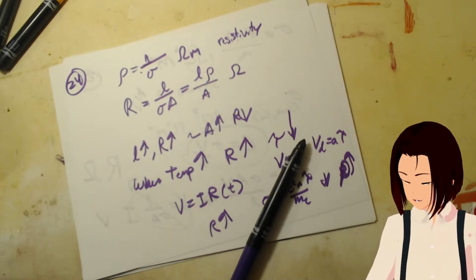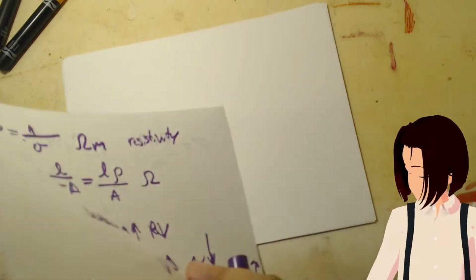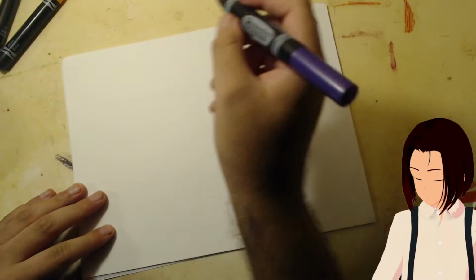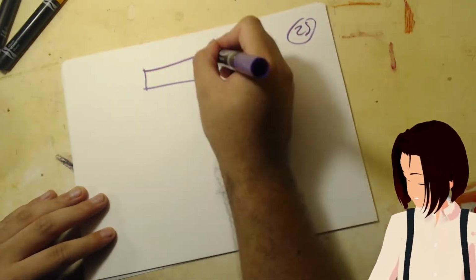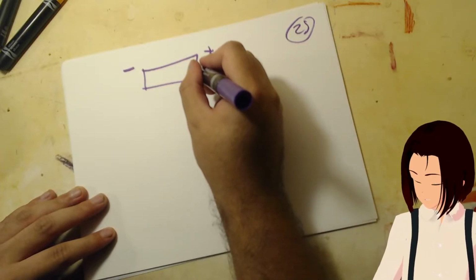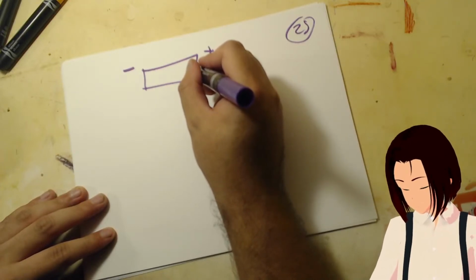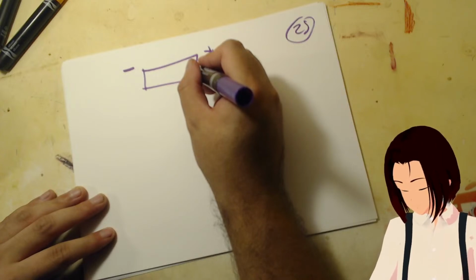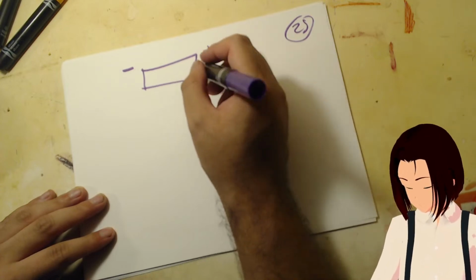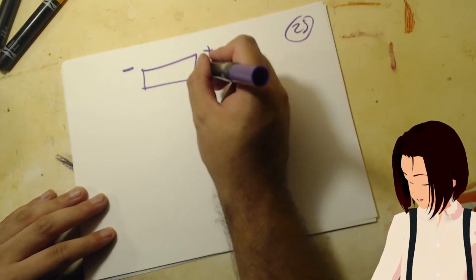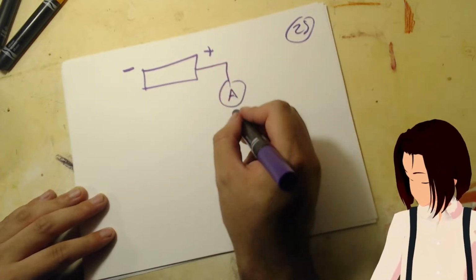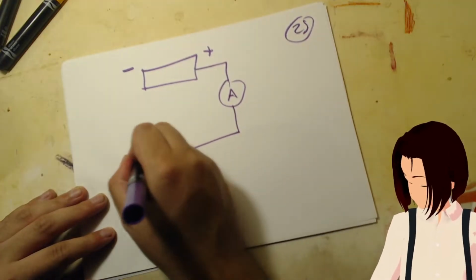Let's do an example. We're finally going to do a circuits example. So now we have some sort of power source. And let's say we have a current meter, and we have a resistor.